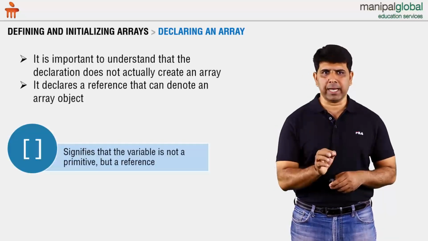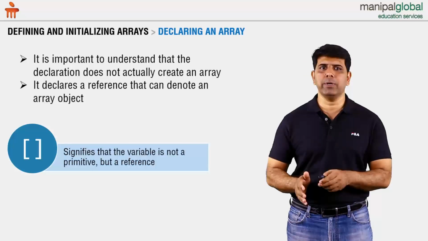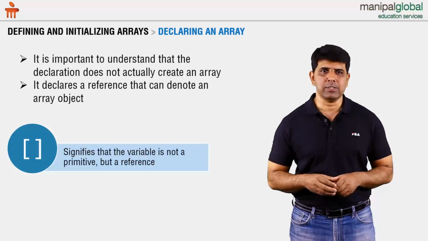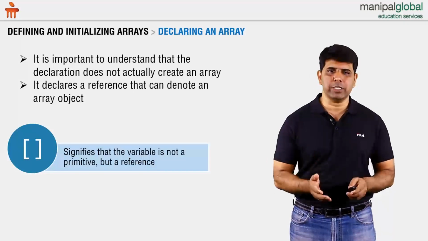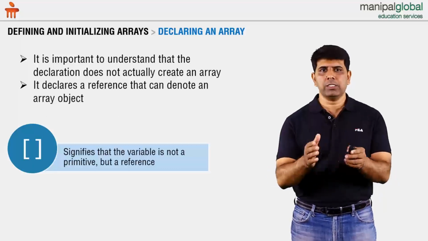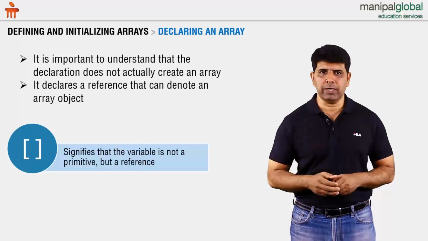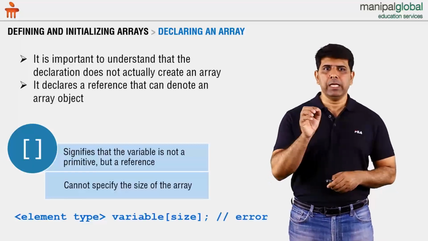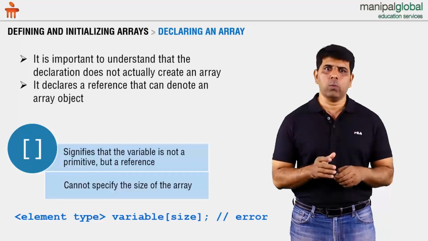The square brackets signify the variable is not a primitive, but just a reference. Like any other reference, of class types or interface types, this is also a reference of similar nature, which means in a 64-bit computer, you're going to have 8 bytes given for this particular reference. Now, you cannot specify the size of the array in the square brackets while declaring.